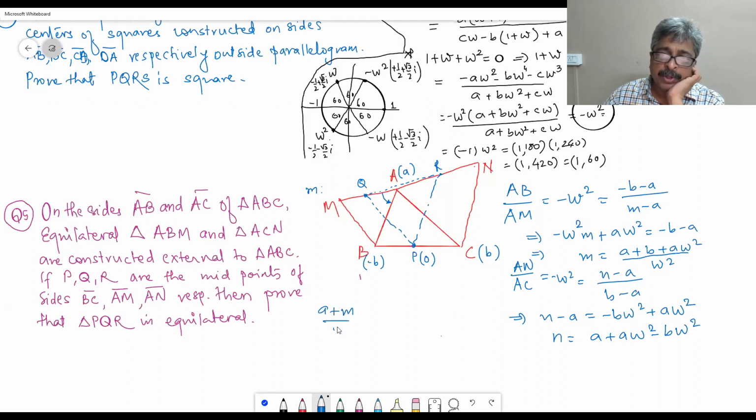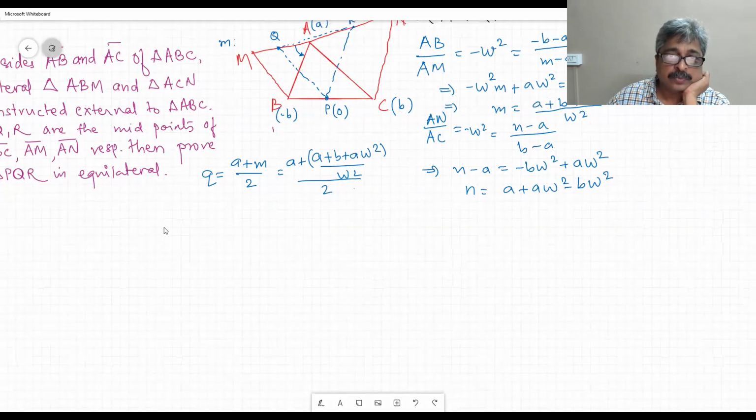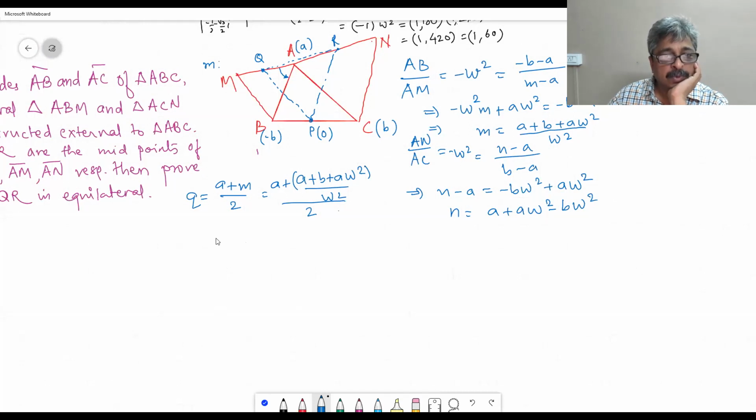So the midpoint of AM is A plus M upon 2, that is your Q. So A plus B plus A omega square upon omega square, I am making it bad actually, but still, upon 2, which is equal to A omega square plus A plus B plus A omega square upon 2 omega square.